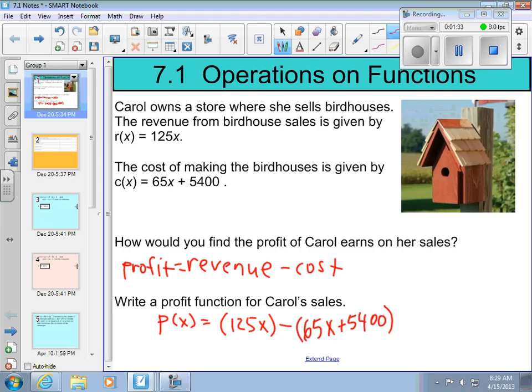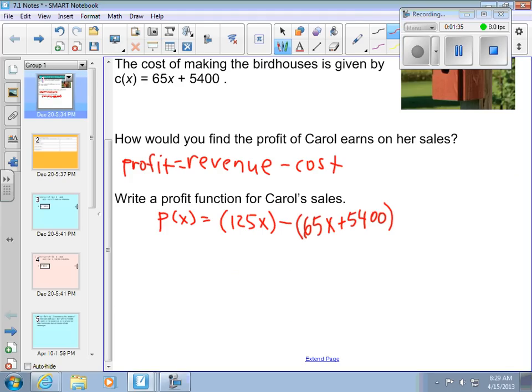Now, if we want to simplify that, which we do, because you always want to have the most simplified function if possible, we would have to subtract these functions. And we did this last chapter. Anytime you're subtracting a function, remember we said it's easiest if you add the opposite.